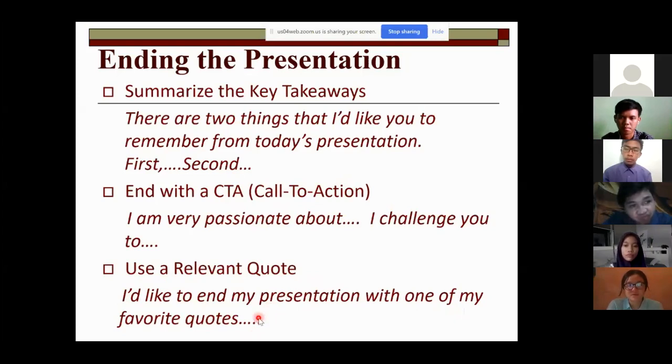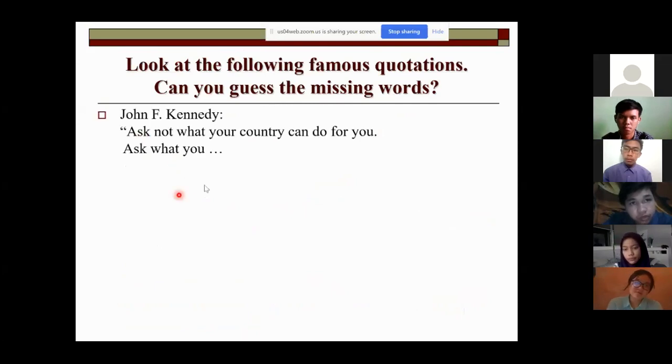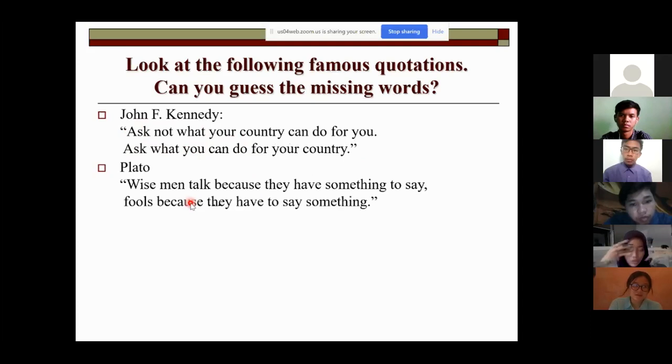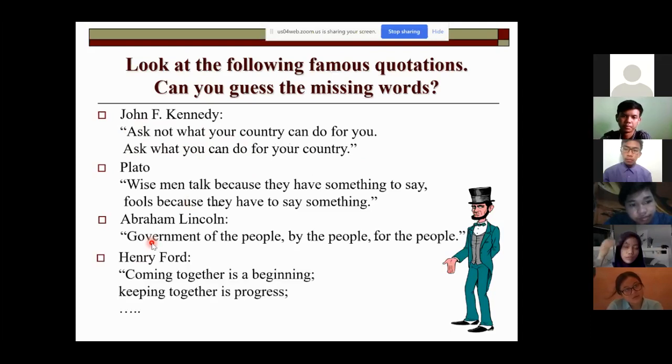Okay, these are the kinds of quotes that you can use when you do the presentation, for example from John F. Kennedy or whatever, and then you can pause on the correct one. Or this one is Plato, or maybe from Lincoln, or Henry Ford.